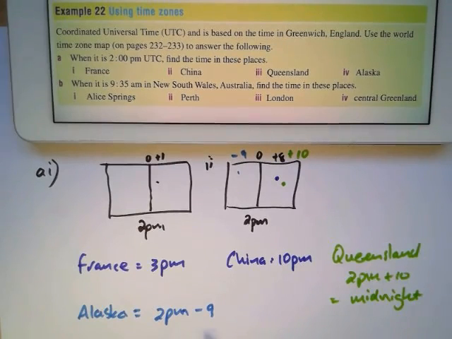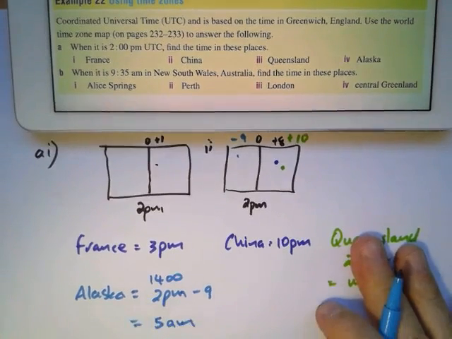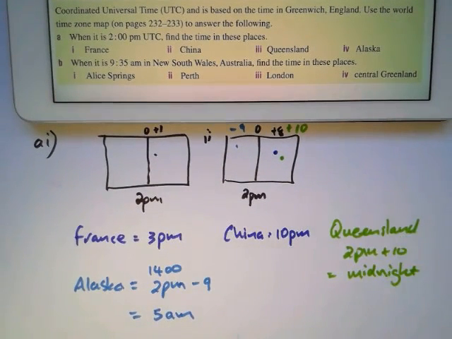Sometimes it's easier to write 2 p.m. as 1400 hours. 14 take away 9 will give us 5, so it will be 5 a.m. in the morning.